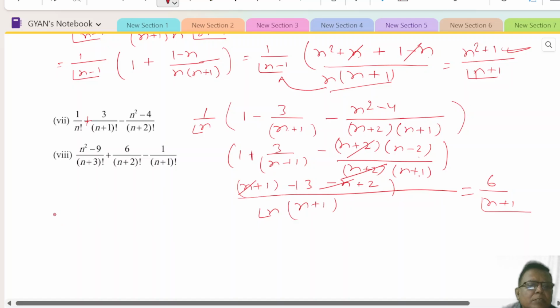Now, last question. We take factorial n plus 1 common. So here n square minus 9 divided by n plus 3 into n plus 2 plus 6 divided by n plus 2 plus 1.